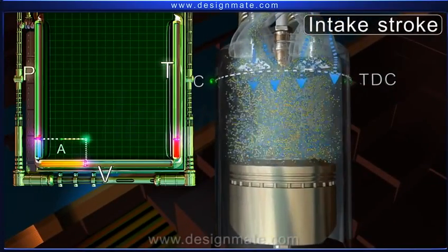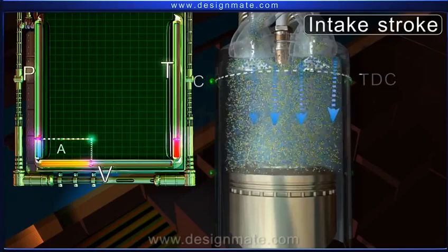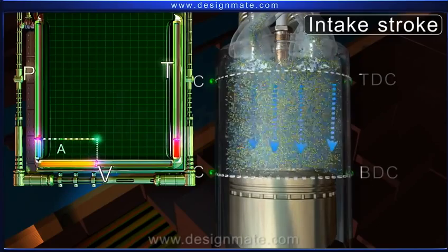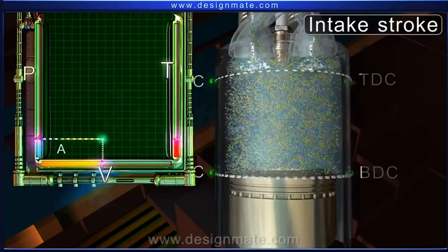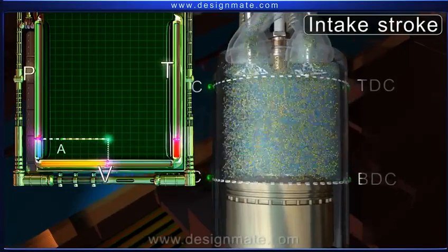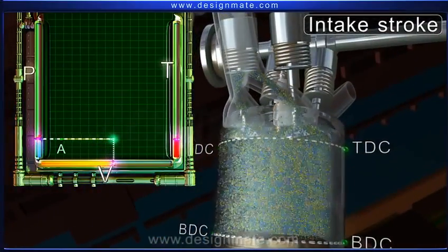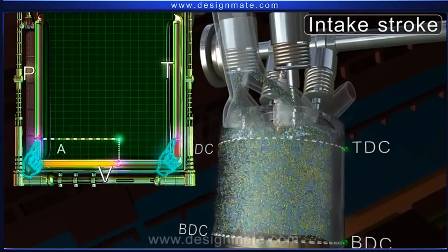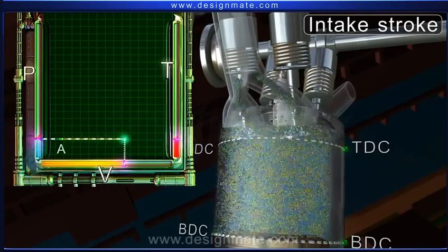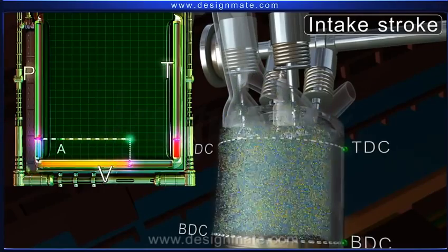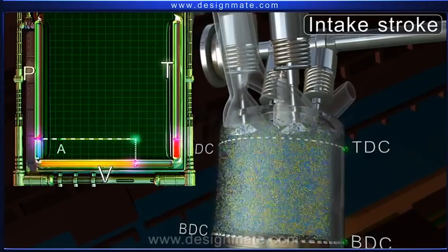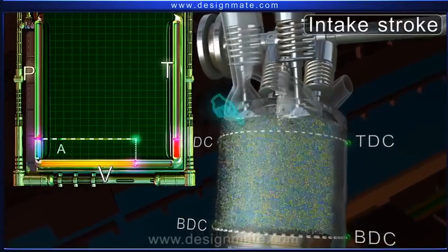The piston descends from TDC towards the bottom dead center, or BDC, of the cylinder, and the volume of charge increases. As the intake valves are open, the pressure and temperature of charge inside the chamber remain constant. When the piston reaches BDC, intake valves close.